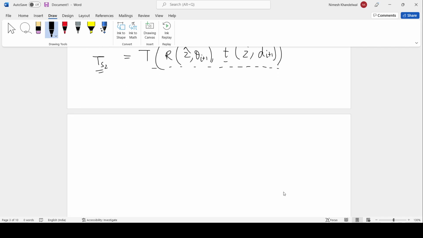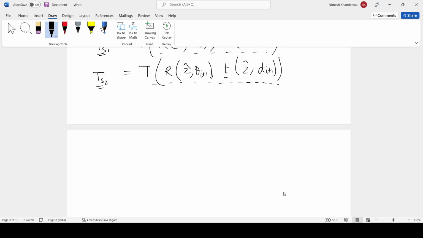Okay, so once you have these transformations between different links, you can write it in either form, right? Like this is just notation.